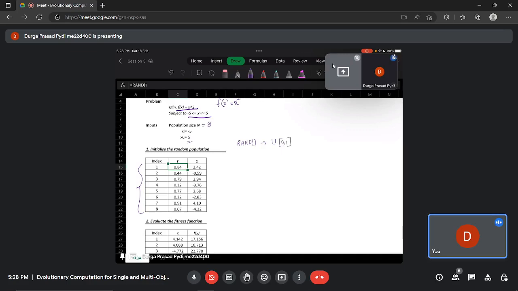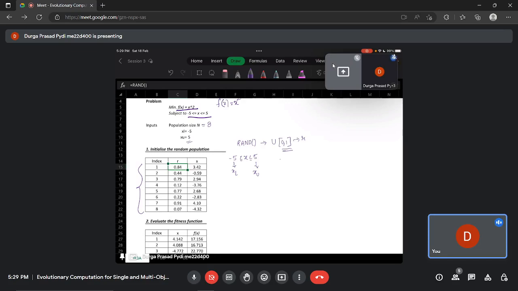What I essentially need is to generate initial solutions within the range lower limit to upper limit. So I want numbers between -5 less than or equal to x less than or equal to 5. What I essentially have is 0 to 1. So how do I scale this? Say you generate some random number r, you have to scale it. So this is my lower limit and this is my upper limit. How do I scale it?